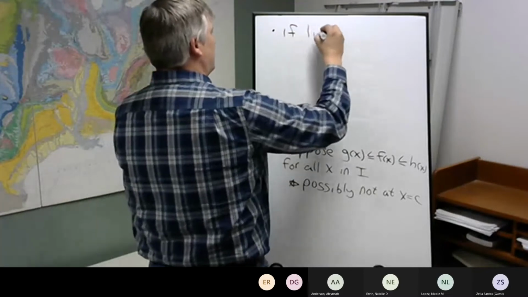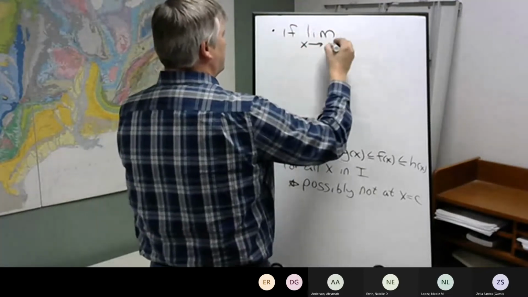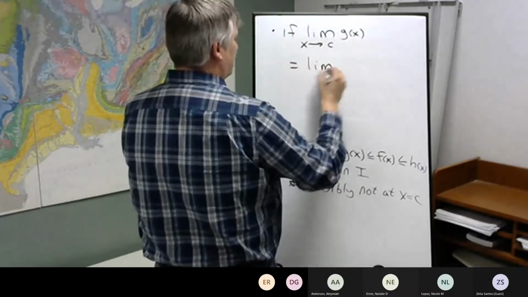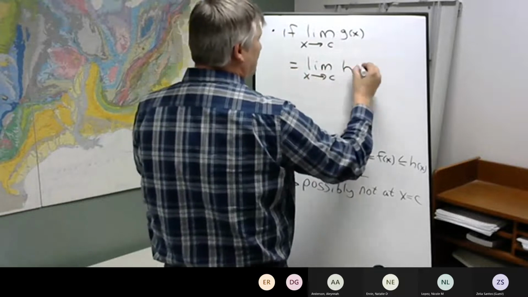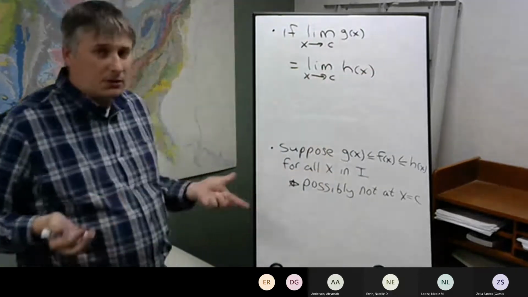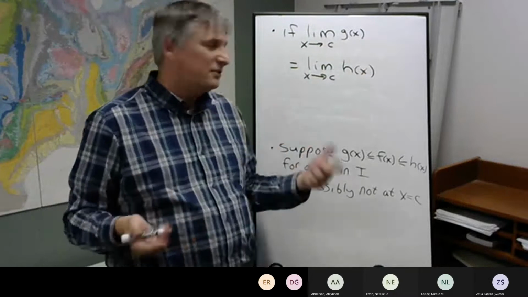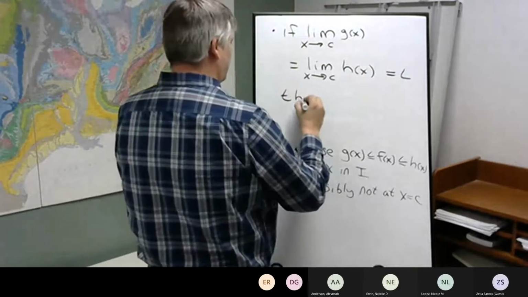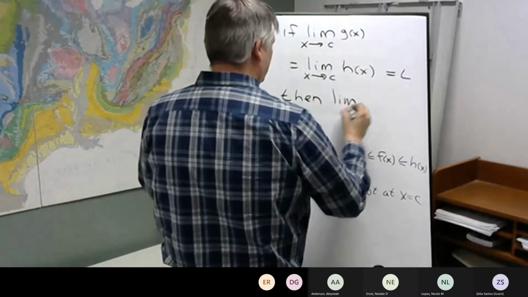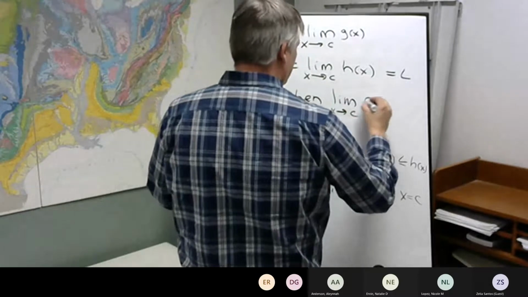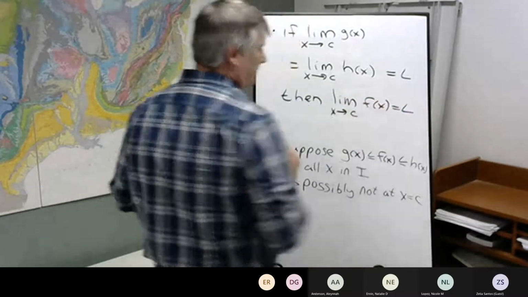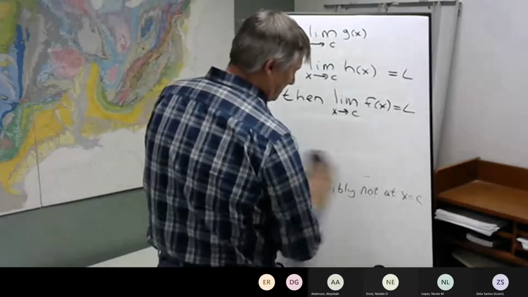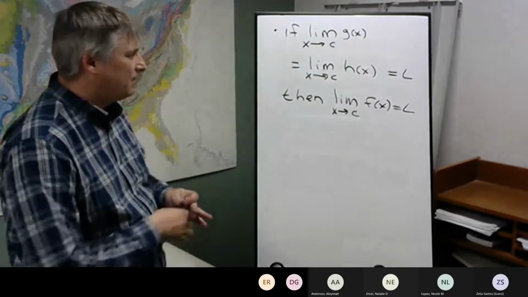If the limit as x approaches c of g of x equals the limit as x approaches c of h of x, so as we get closer to c, g of x and h of x have the same limit, L, then the limit as x goes to c of f of x is also equal to L. This kind of idea is going to come up a number of times.